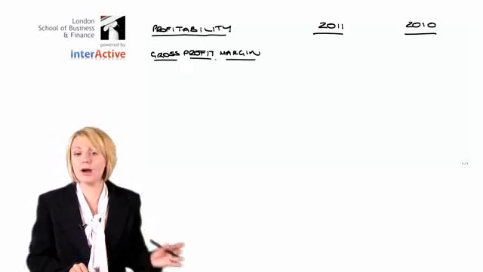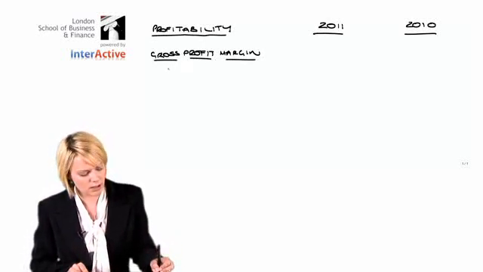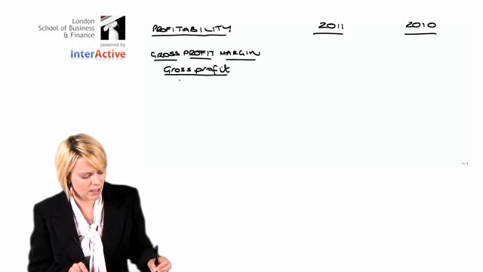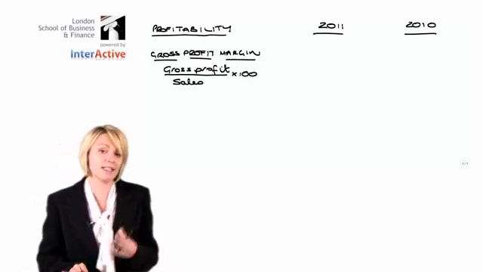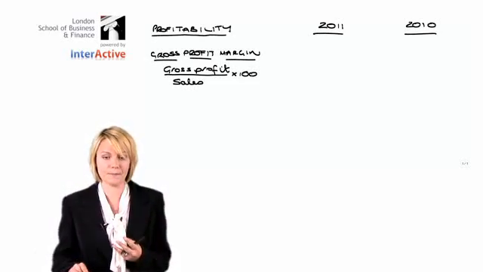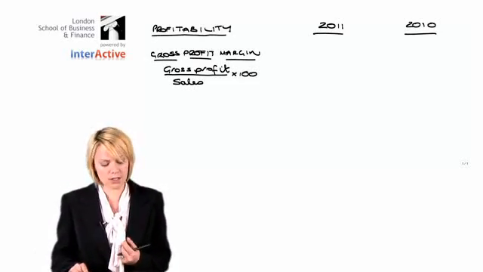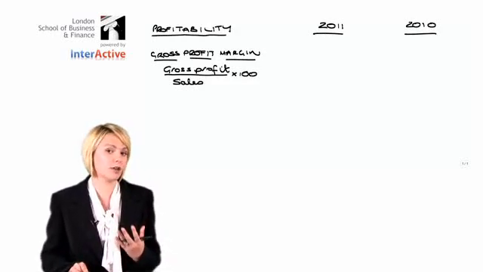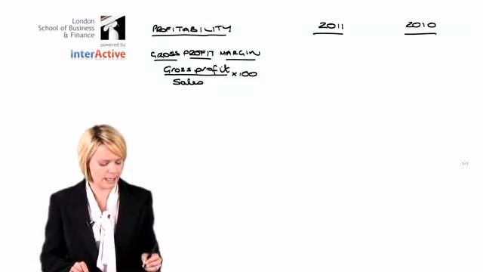And let's just recap how we calculated that. We take our gross profit for the year and divide it by our sales revenue and times it by 100, and that's going to give us our percentage. So what we're going to do then is pick off the numbers from the financial statements, calculate the gross profit margin for both years.